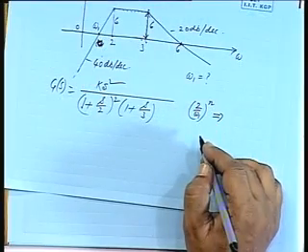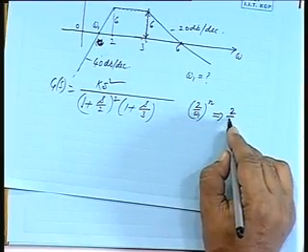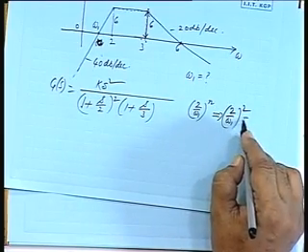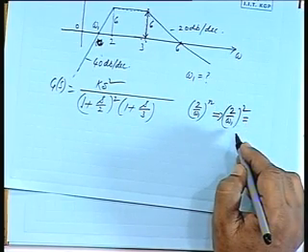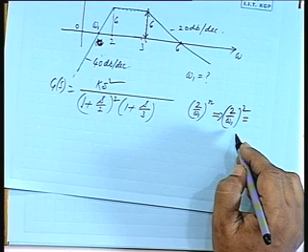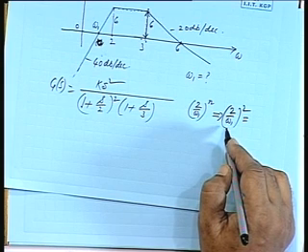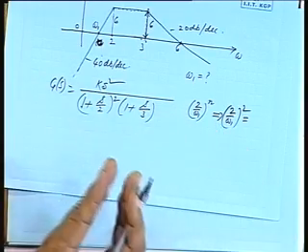N is 2, is it not? So 2 by omega 1 to the power 2, 20 log, if you take, is equal to 12 dB per octave. See, per octave means 2 to 1.